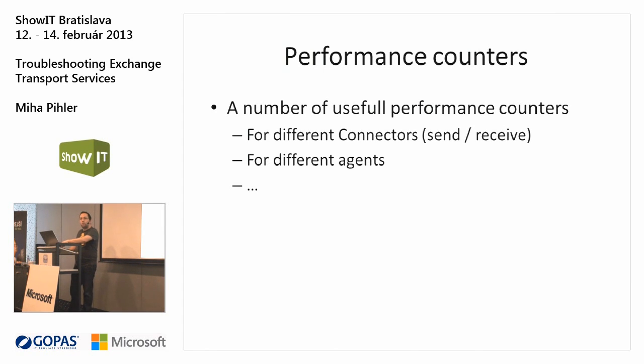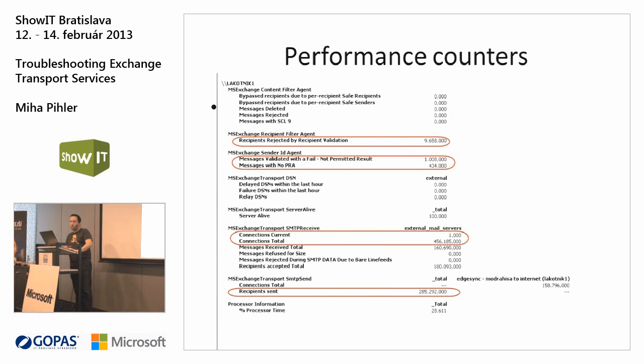Another built-in tool that you can use to troubleshoot your Exchange environment is performance counters. Very useful. There are numerous ones for different agents, for different purposes. These are just a couple of them.